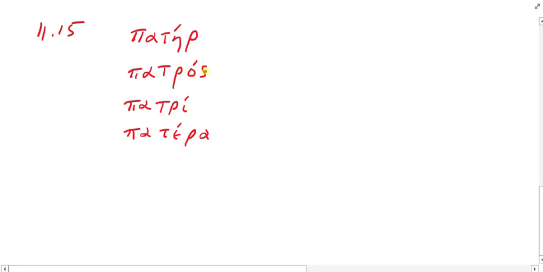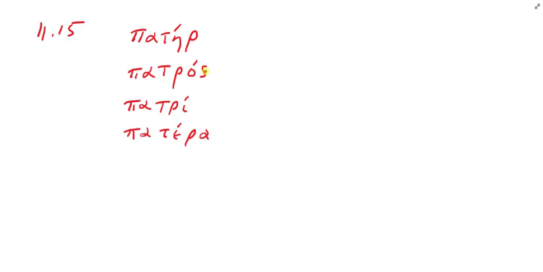Remember how we said that vowels can change their length? What I'm not sure if we mentioned is that not only can vowels go from long to short, or short to long, but they can also go all the way down to nothing. They can become zero. And this is the situation here. Pateres, pateron, patrasi, and pateras.